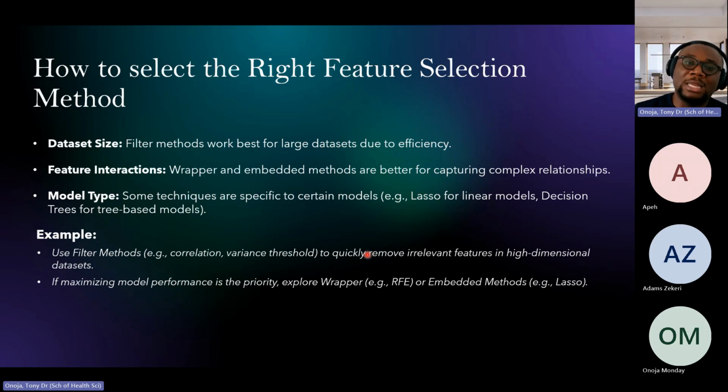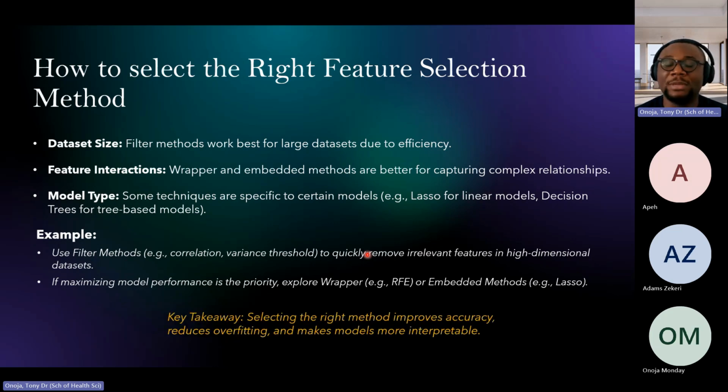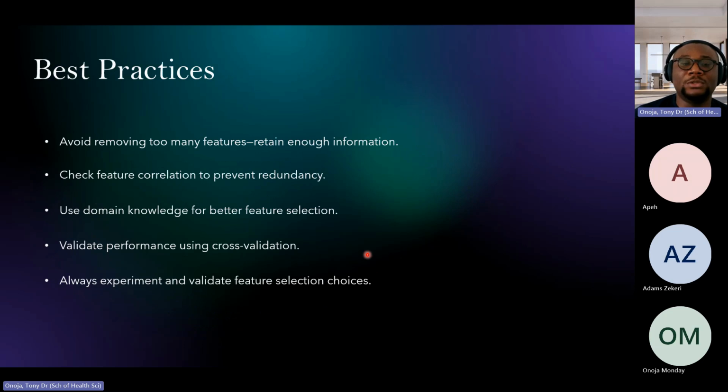Then you could determine how your final feature set should look. So the major key takeaway here is that selecting the right methods improves accuracy, reduces overfitting, and makes the model more interpretable. You should consider these things when choosing the right feature selection method.